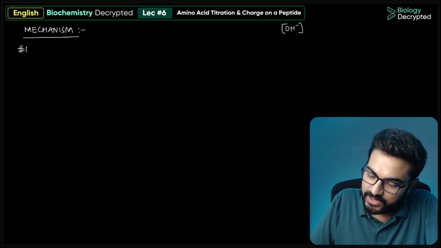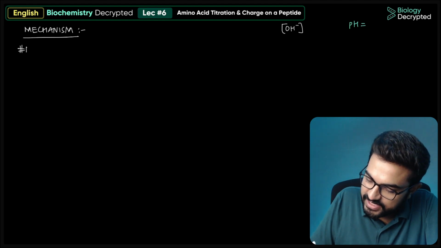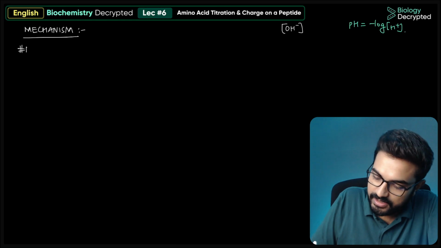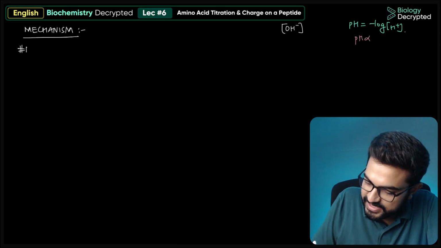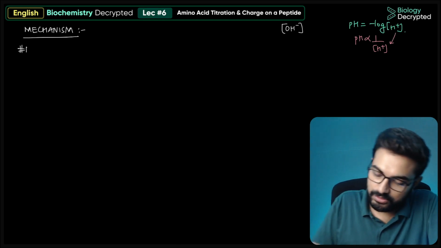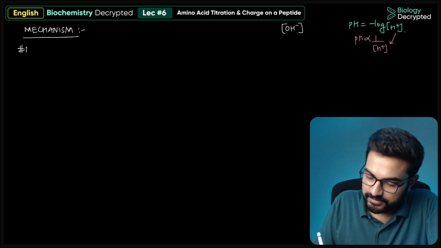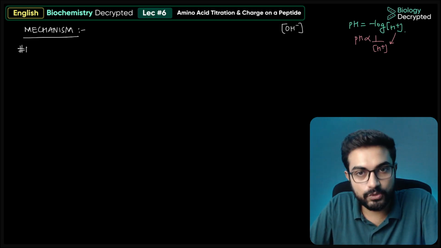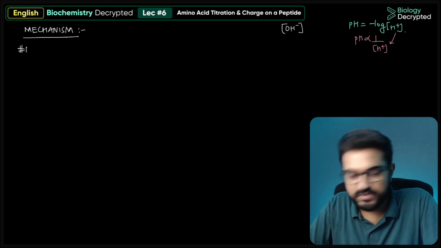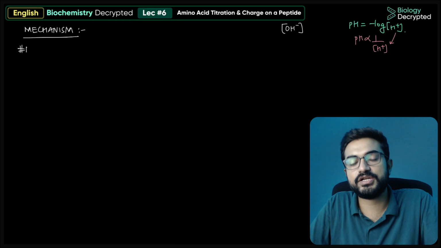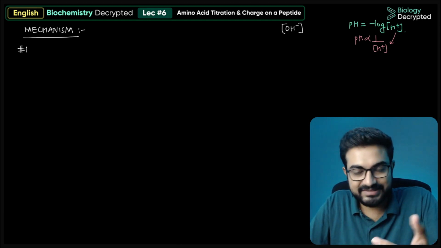Now, as we know, pH is equal to negative log of H plus ion concentration. So pH is inversely proportional to H plus ion concentration, and this is inversely proportional to acidity, as increased H plus ion concentration correlates to acidity.